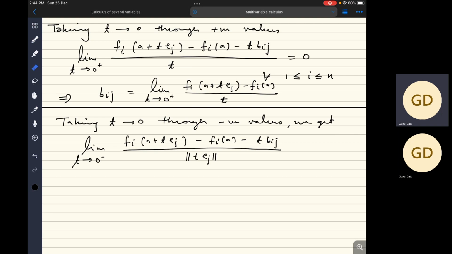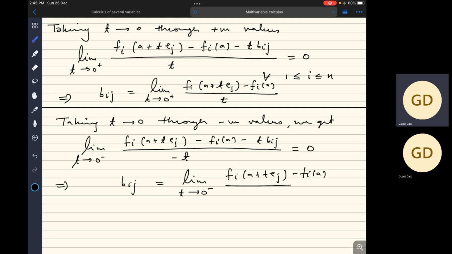What is |t|? When t is negative, |t| is minus t. Norm ej is 1. This is equal to 0. So what we get from here? We get bij equal to limit t goes to 0 minus of fi(a + tej) minus fi(a) divided by t.